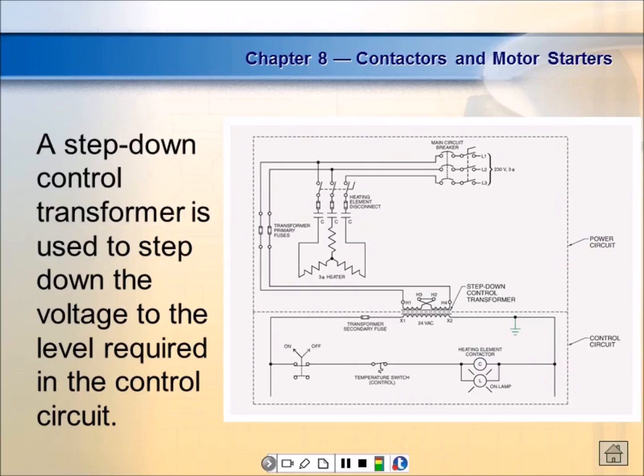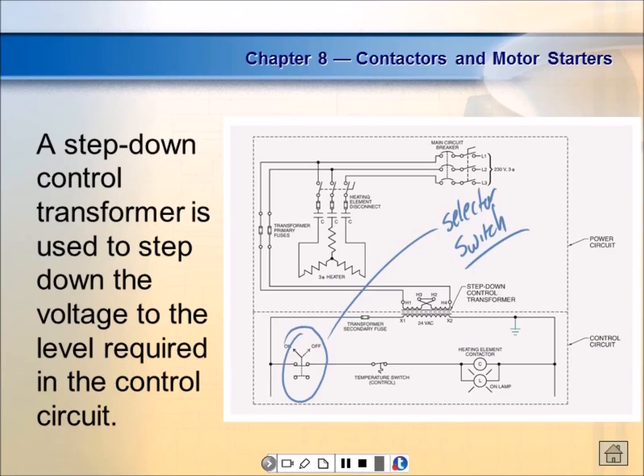Same circuit. So this is the symbol for a selector switch. We see a lot of these in industry, and we see this a lot where we can wire the switch two different ways. We can wire it as a normally closed switch, or we can wire it as a normally open switch. Okay.